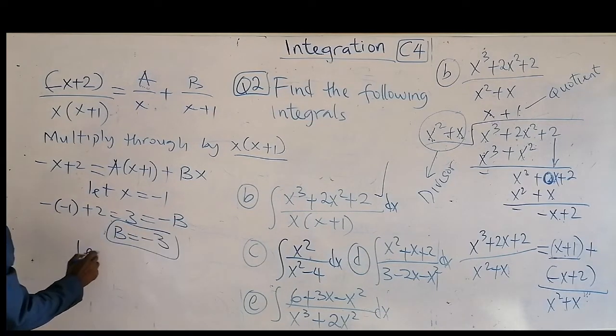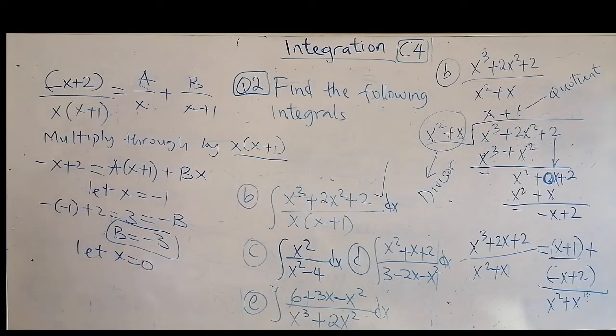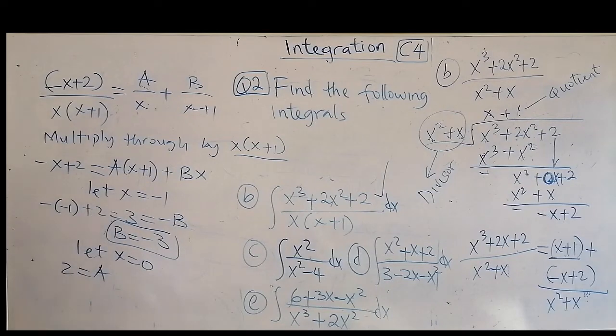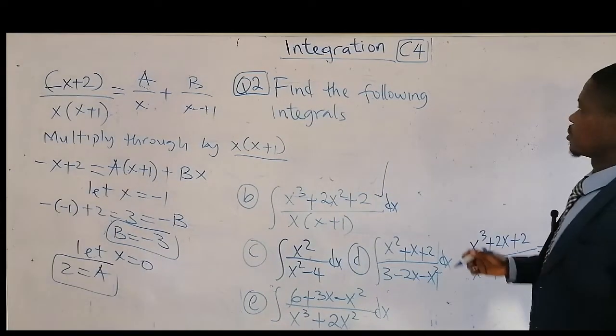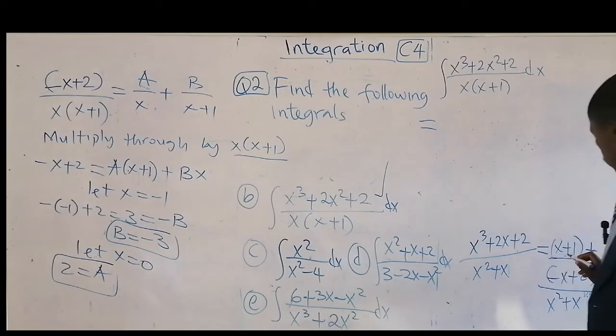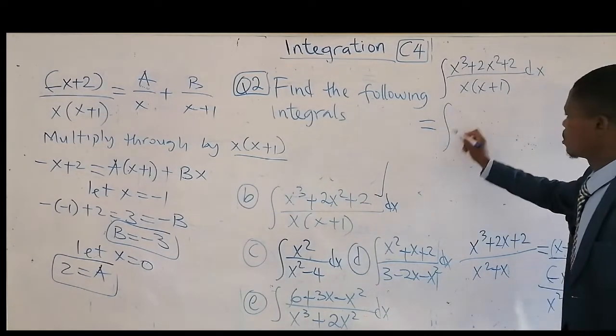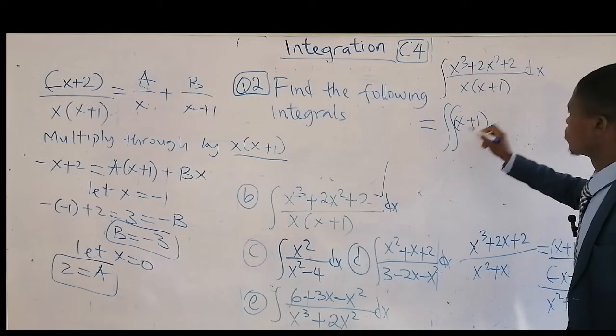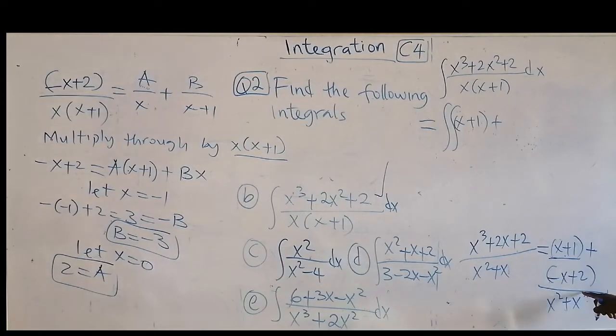Then let x be 0. We have 2 on the left equal to A times 1 plus 0. So A is 2. So we now have our integral. Don't forget what we have here: the integral of x plus 1, then plus this one as an expression.